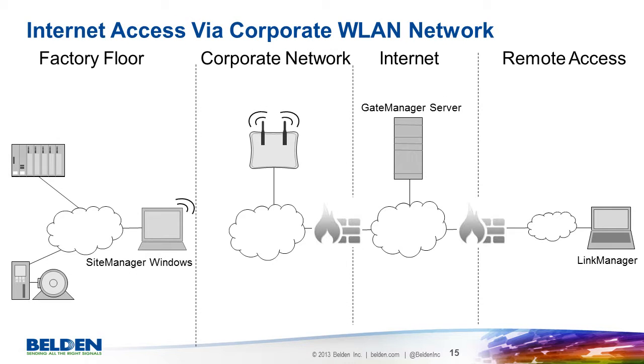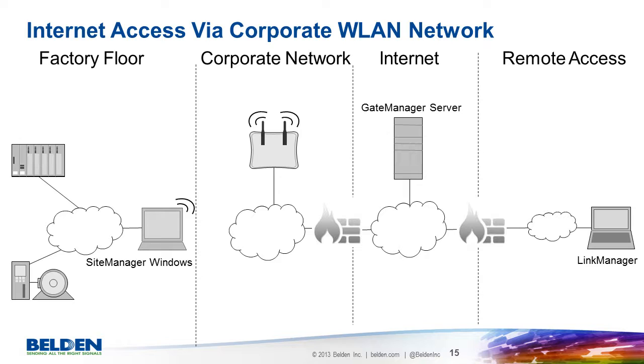In the second scenario, the factory floor network does not have a connection to the corporate network and therefore no internet access. So the Site Manager PC needs two interfaces. A cabled Ethernet interface connects the PC to the factory floor network. The PC's wireless interface is connected to the corporate wireless LAN.